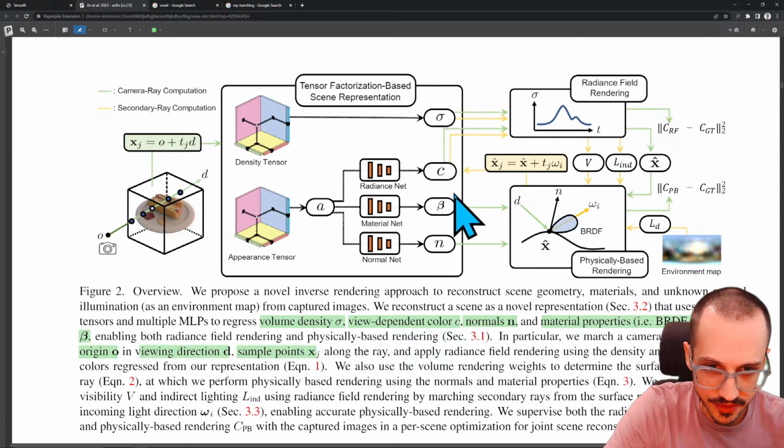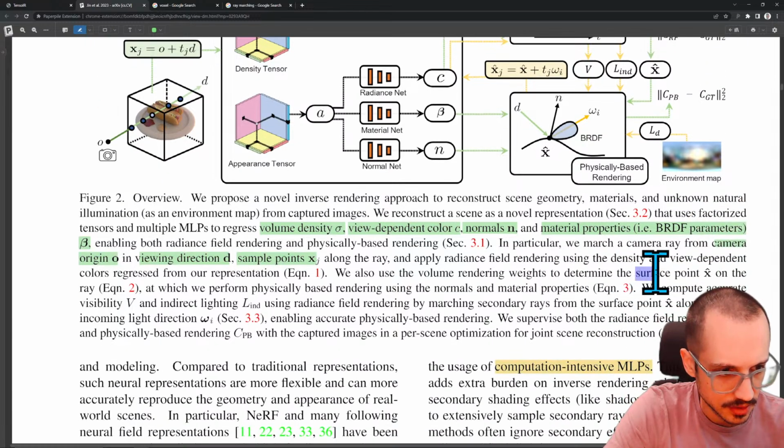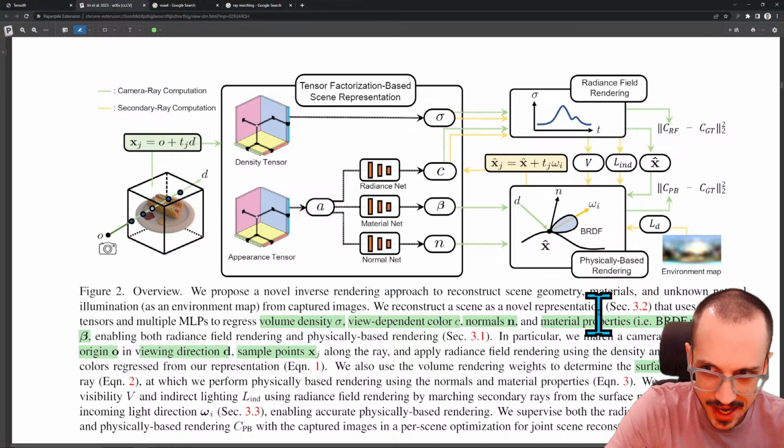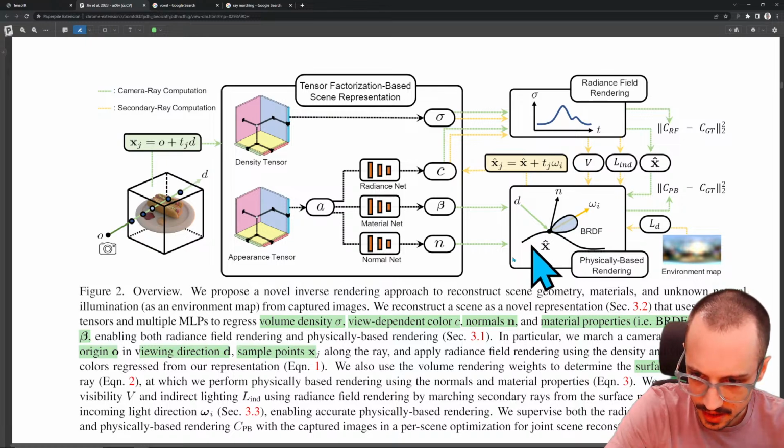Right, so they've basically defined all these different terms here. We also use our volume rendering weights to determine the surface point x hat. So there's some point on the surface, x hat, right here. You see this x hat refers to the point on the surface. D is the view direction, and then WI, I guess, is the incoming light direction.